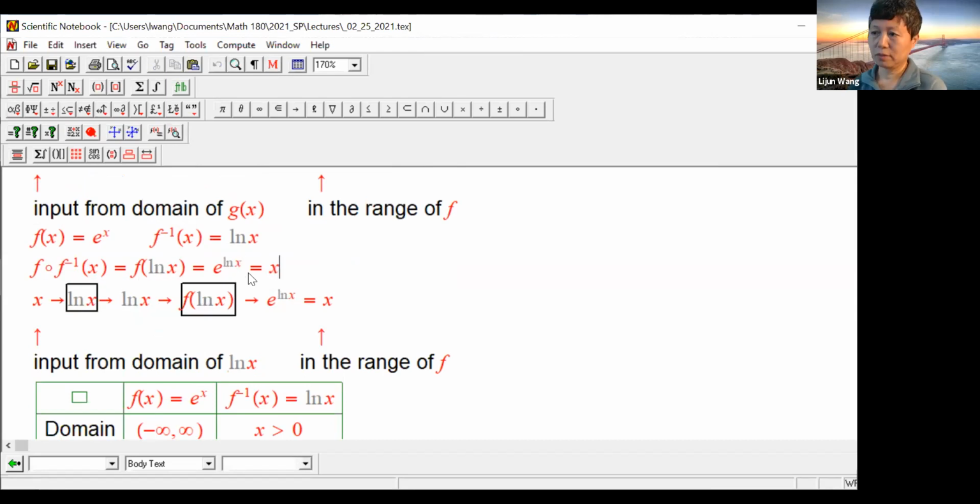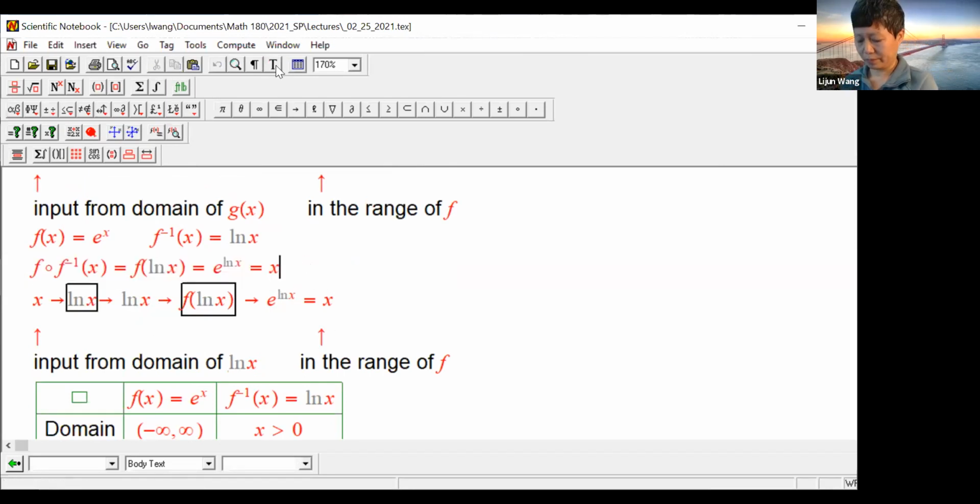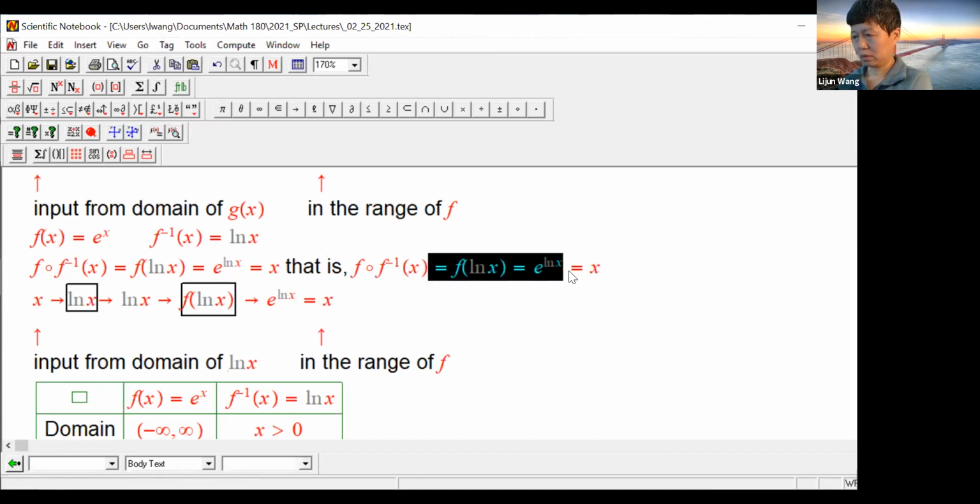Equals x. So if we make this a little shorter, what have we discovered? You follow me?